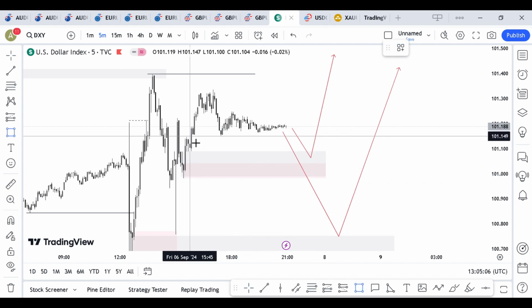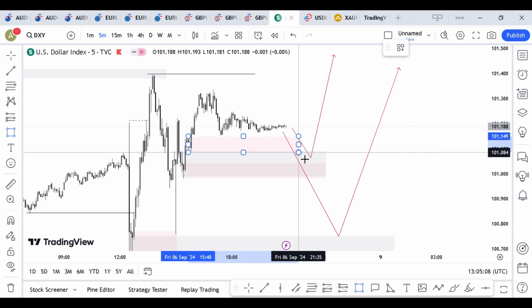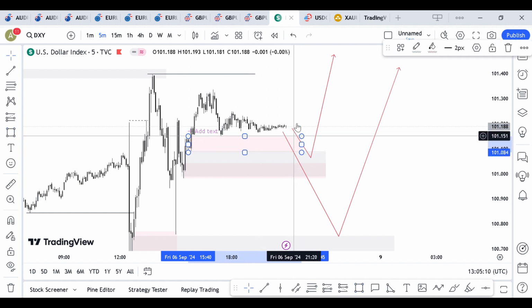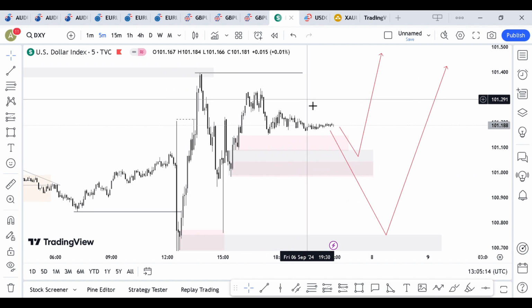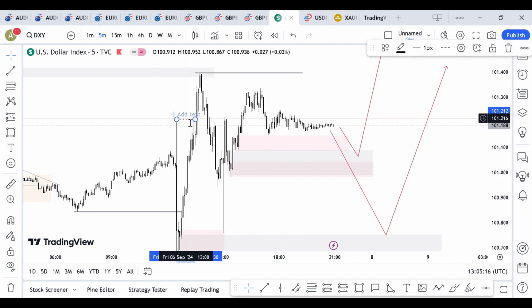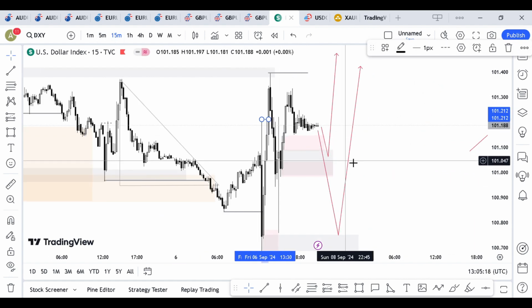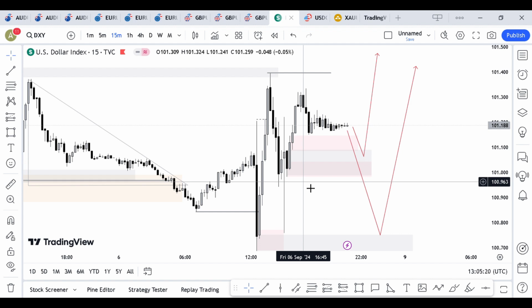This will also be my other demand that I'll be expecting price to hit and expect some reaction. Let's see if we can find a few bearish changes of character.